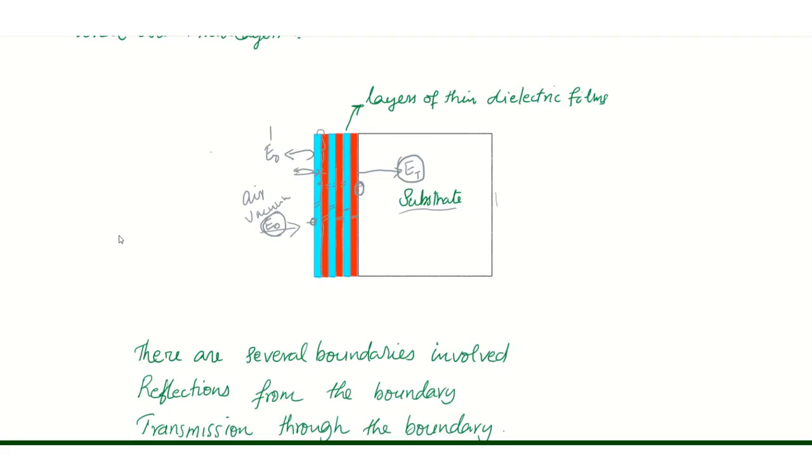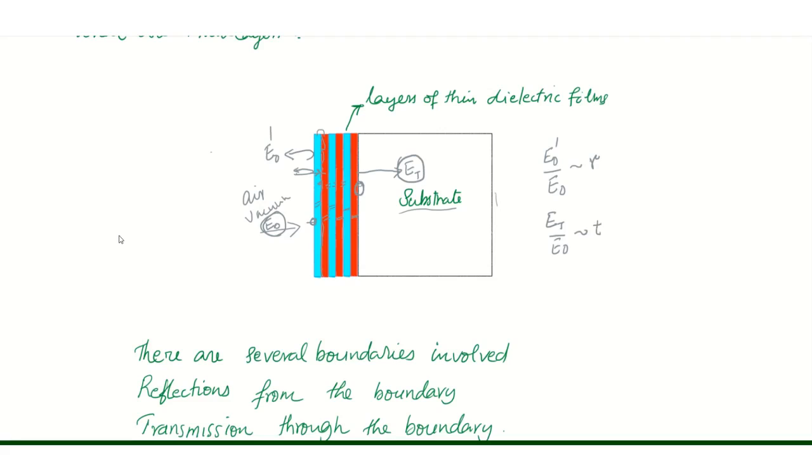Then E0 prime divided by E0 we will define as the reflectivity or reflection coefficient, let's say R, and then Et over E0 will be the transmission coefficient, let's call it a small t.